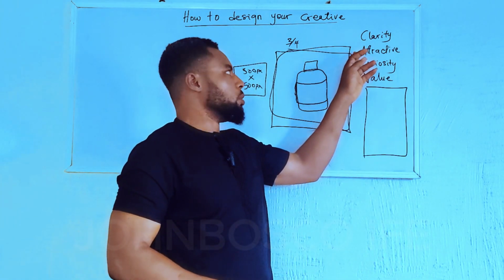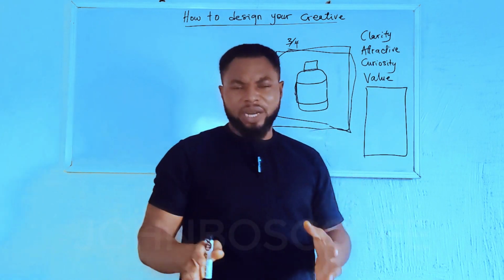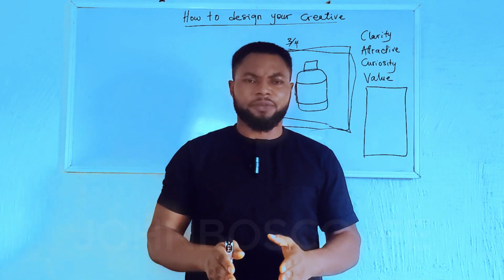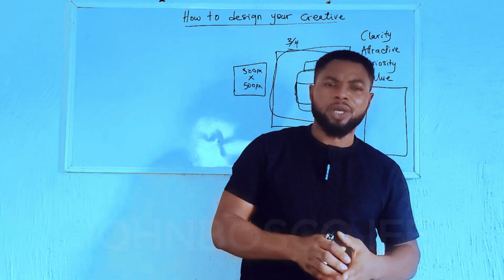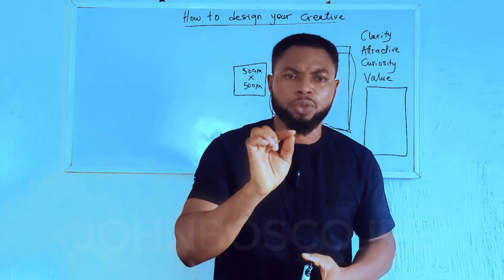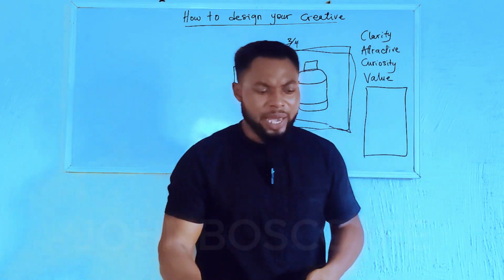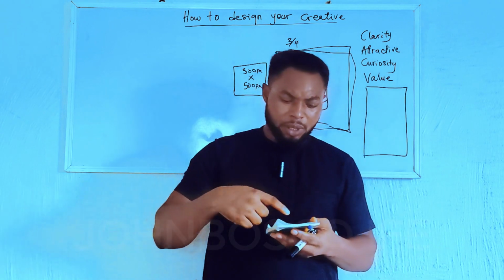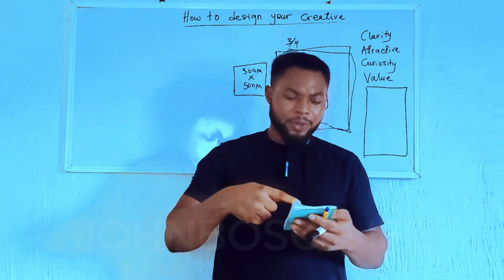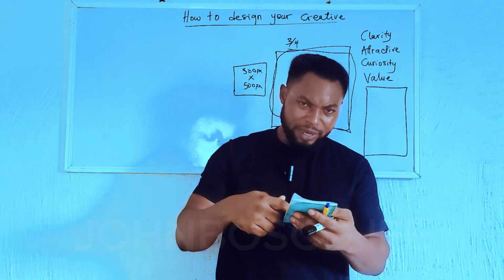Next thing to look into is, is it attractive? Your creative, whether it be a video or an image, should be attractive enough to slow them down. Here is how it works. A typical potential customer has his phone. He swipes, swipes, swipes, and he gets to your advert.